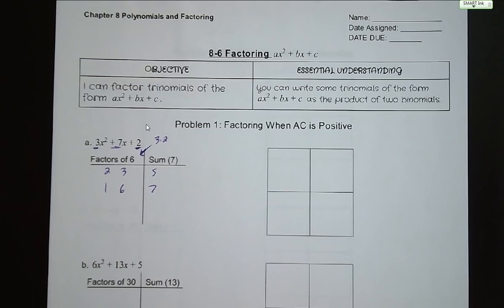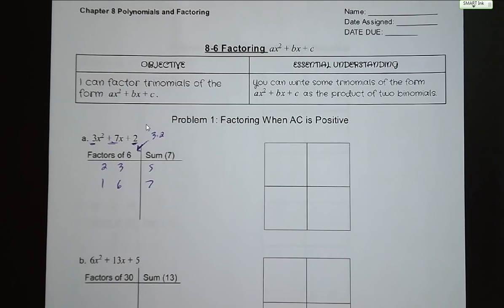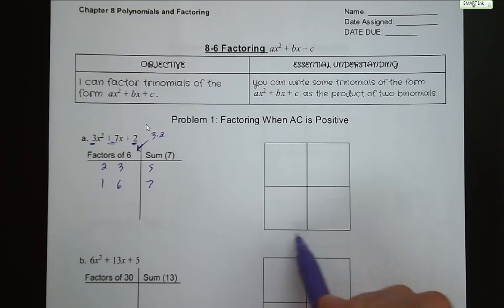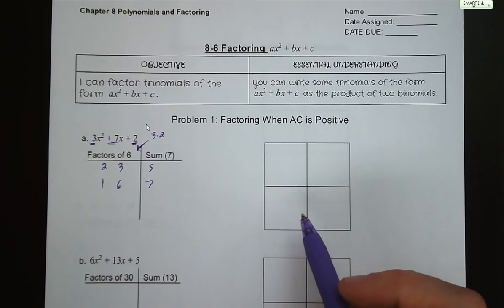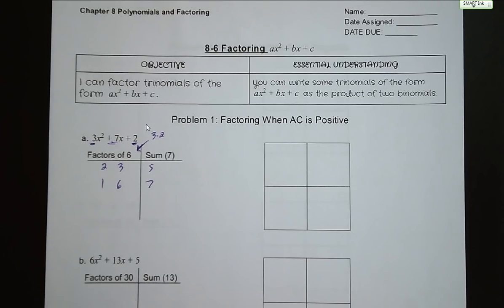But now we've got a slightly more complex thing that we need to do. The method I'm teaching you is called the box method, and it's using these boxes that I have provided for you so generously. What we're going to do is plug in some information. Two of the pieces of information are always going to be the same.